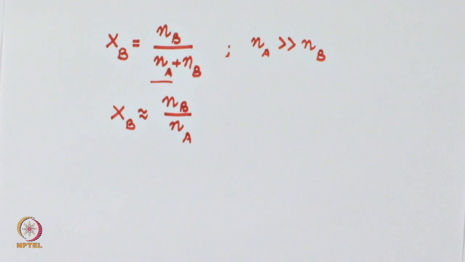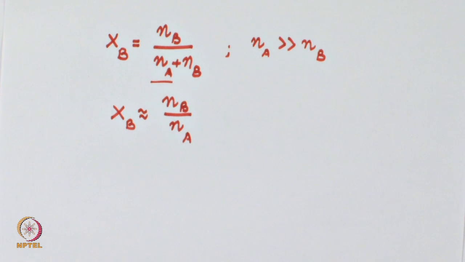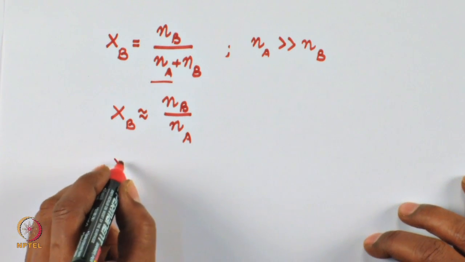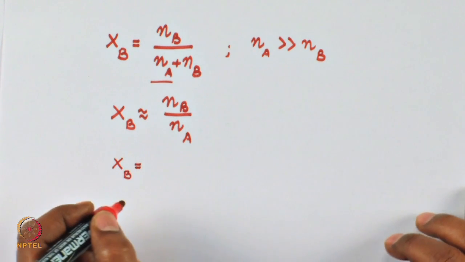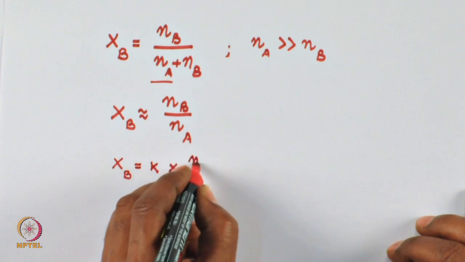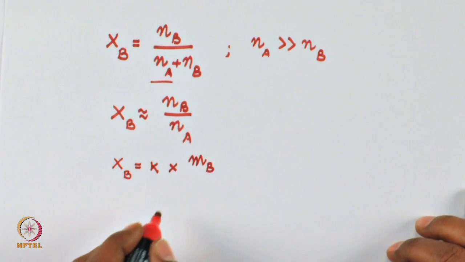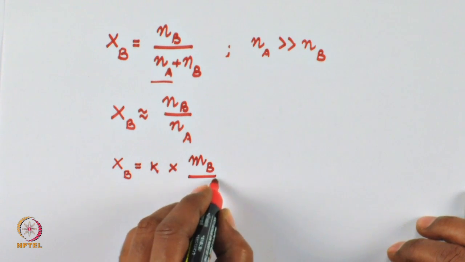Then the number of moles of solute in a given quantity of solvent will give us information on molality. That means x B, the mole fraction of B, is equal to some constant times molality of B divided by m naught.